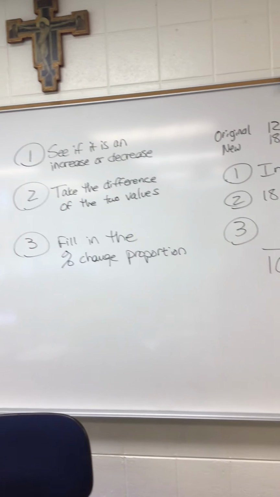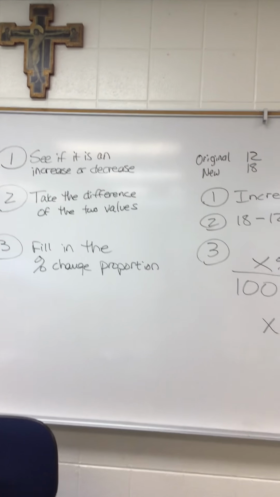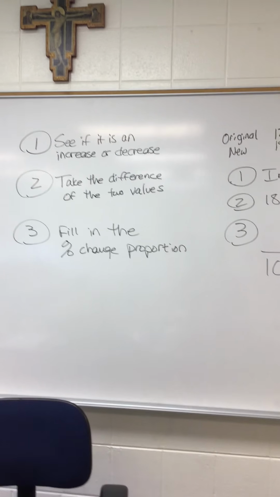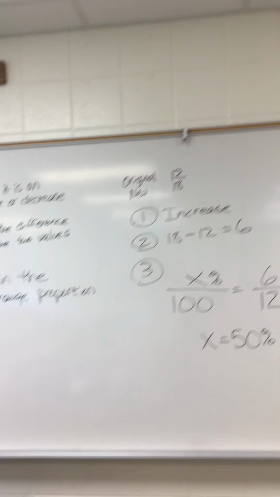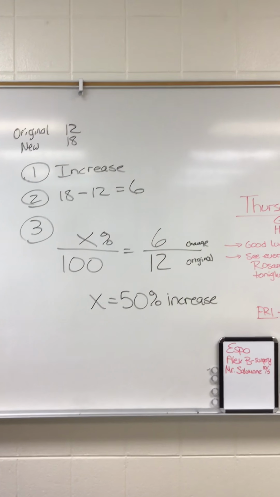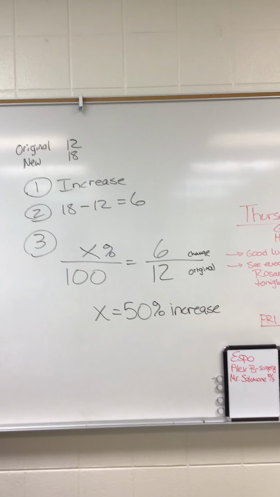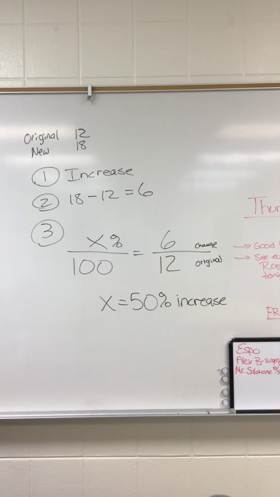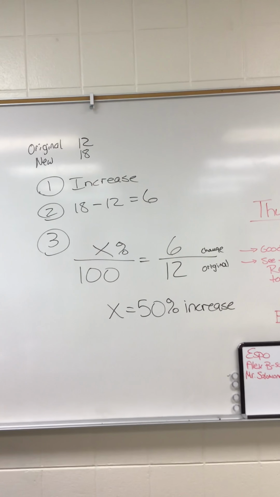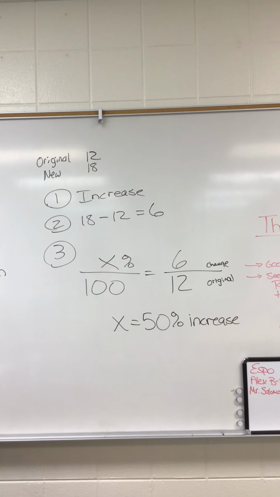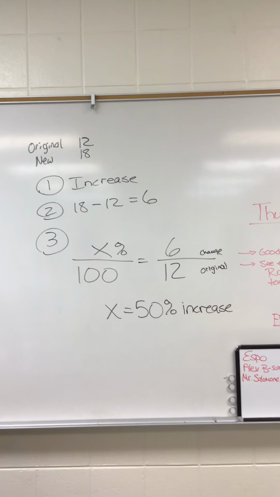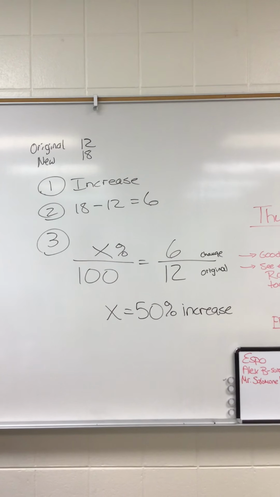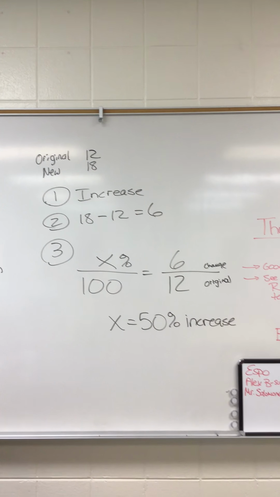Third step, fill in the percent change proportion and solve it. So I have x percent over 100. I have my word change in the numerator on the right. That's 6. And then I have that word original in the denominator. Which number changed? 12 changed.